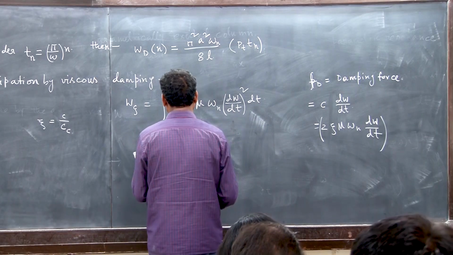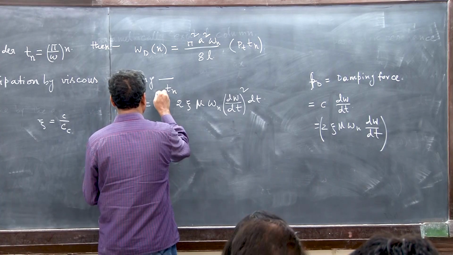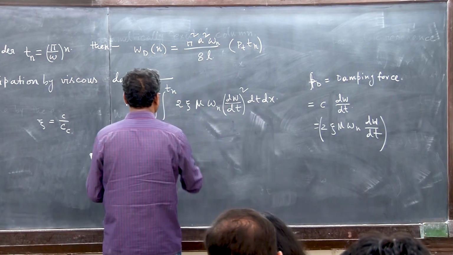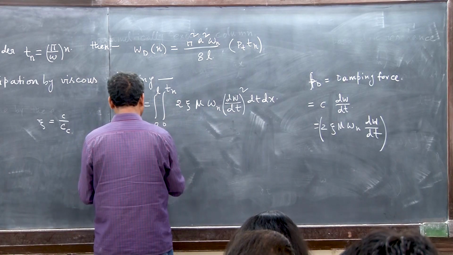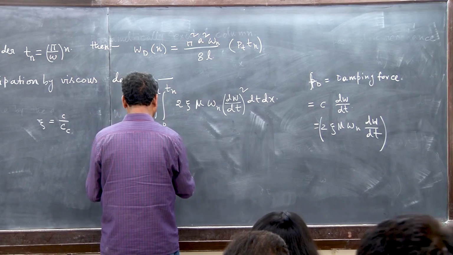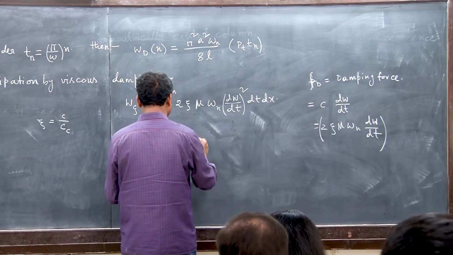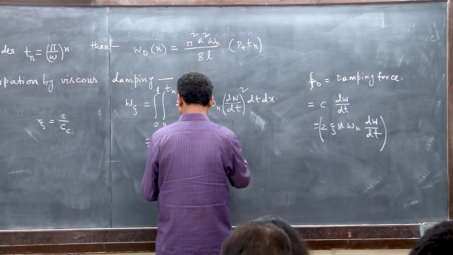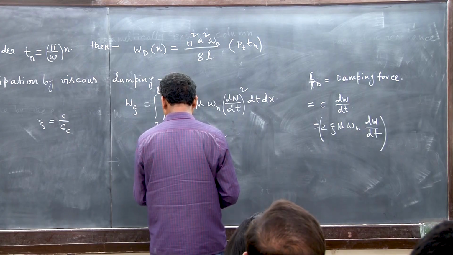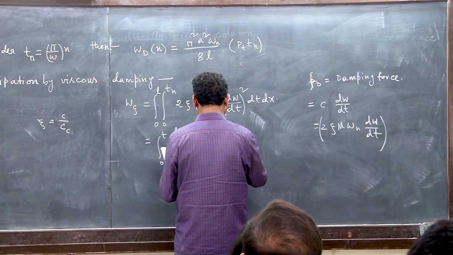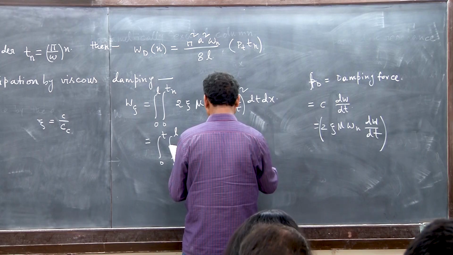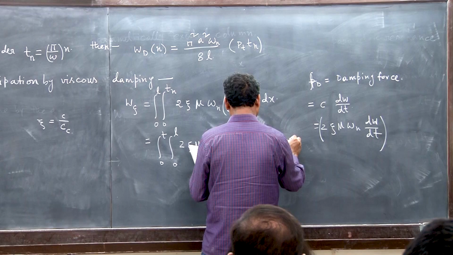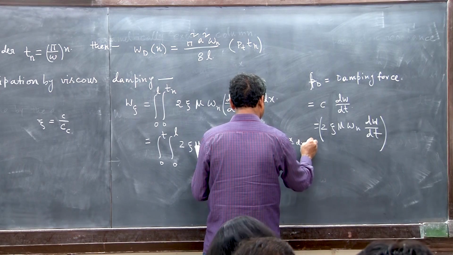And then we integrate over L dx. So substitute: integration 0 to t, integration 0 to L, 2 xi mu omega n, omega n square cos square omega n t, sine phi x upon L dx dt.